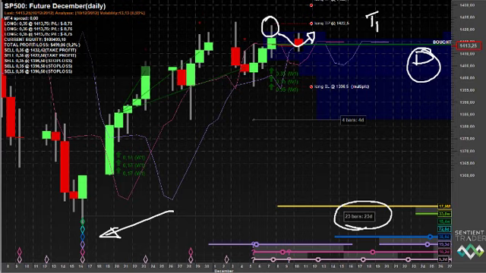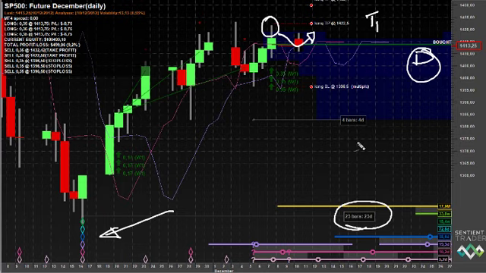And so I believe we need to give the market a little bit of room and let it fulfill its C category trading opportunity. If it turns out to be a failure, well, then that's too bad. Then of course we'll get out of it at a loss. But there is still the possibility that it will rise up, and we'll end up taking profits on our C category trade. And the D category trade will come next. I don't think the D category trade is happening right now. I just think it's a bit too early.